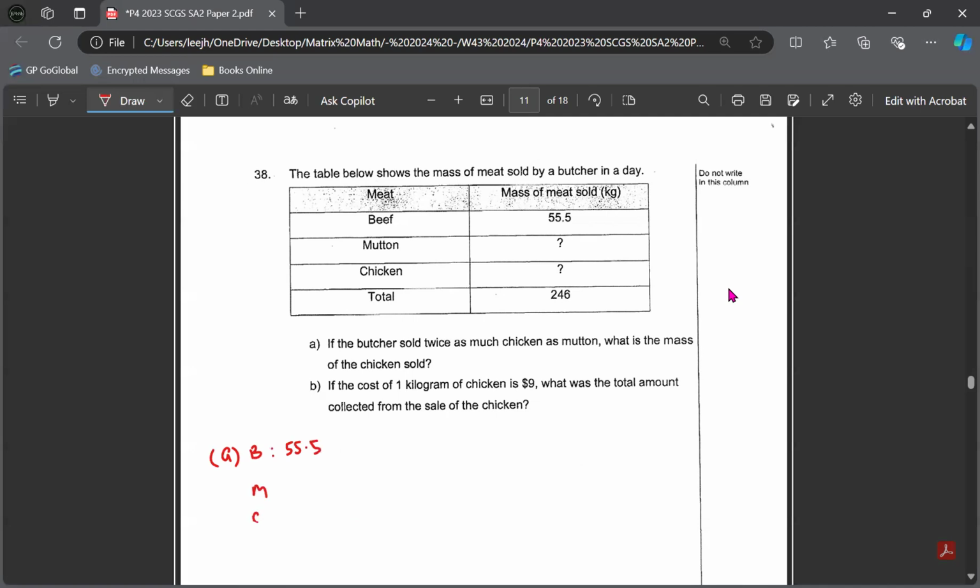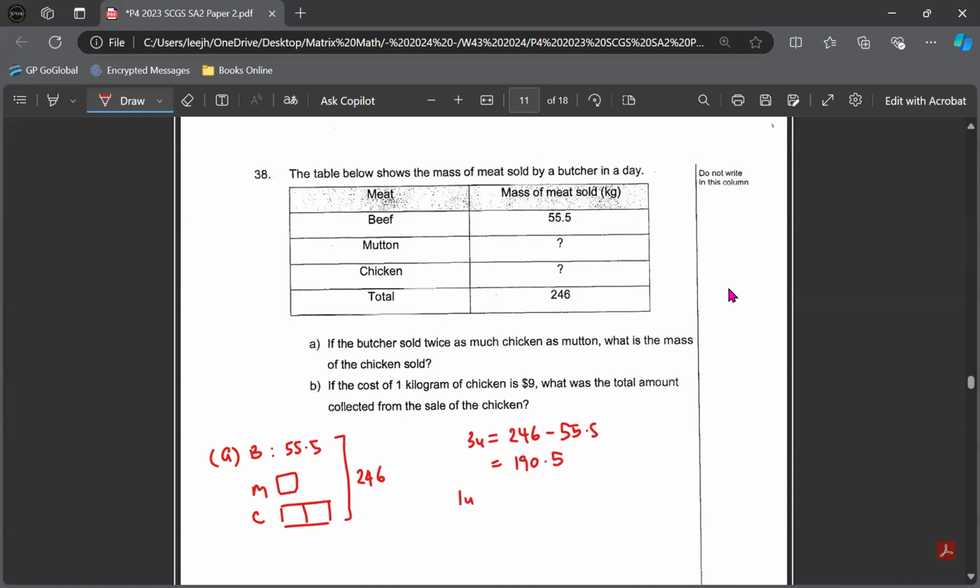But the mutton and chicken, there's a comparison here. Butcher sold twice as much chicken as mutton. So chicken, 2 units. Mutton, 1. Total, 246 kg. So we can find the value of 3 units by taking 246 minus away the beef, 55.5, which is 190.5.